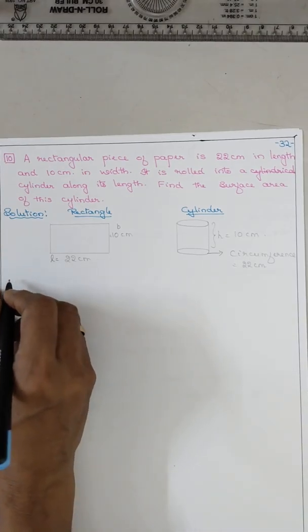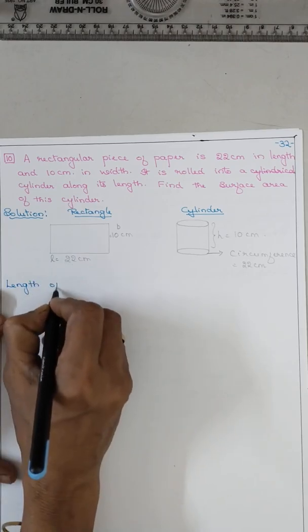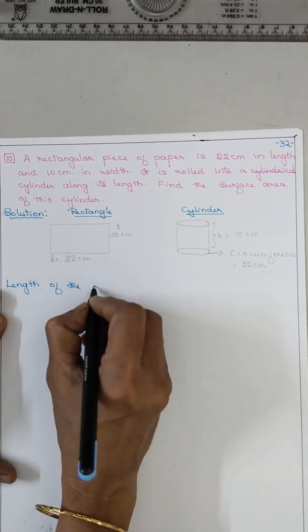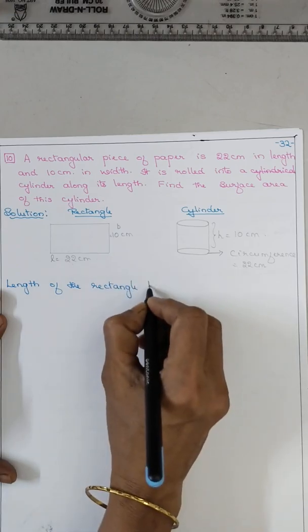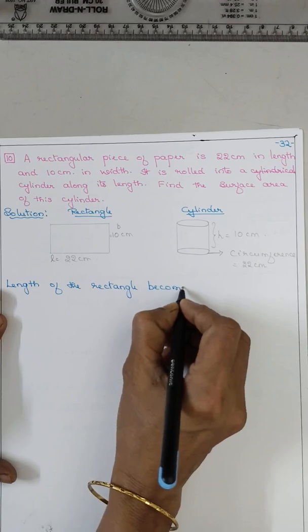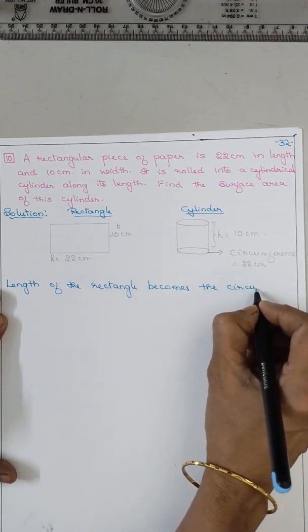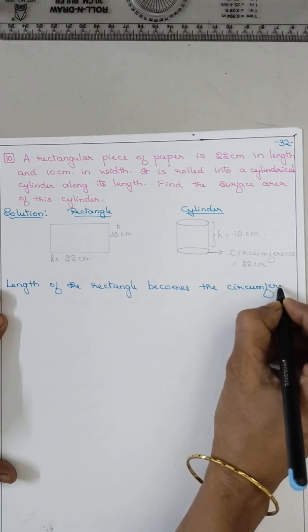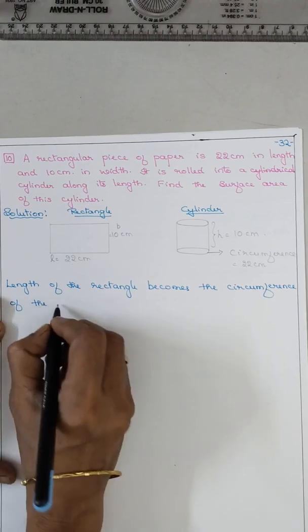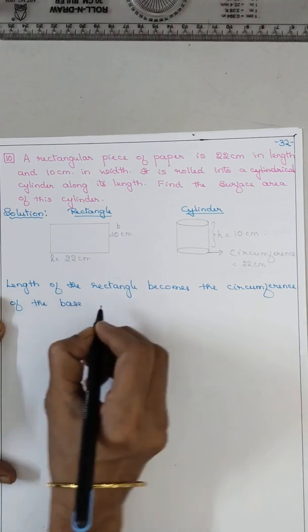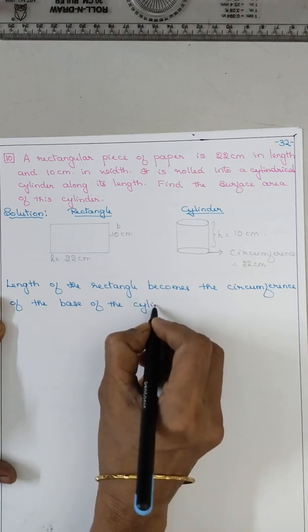First we'll write, length of the rectangle becomes the circumference of the base of the cylinder.